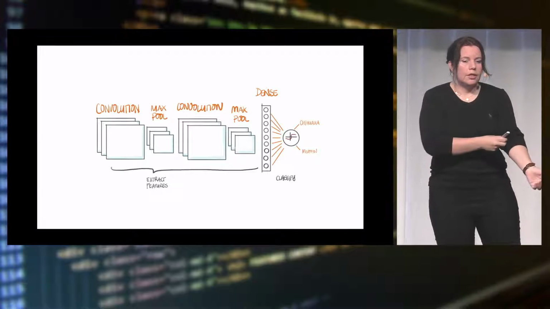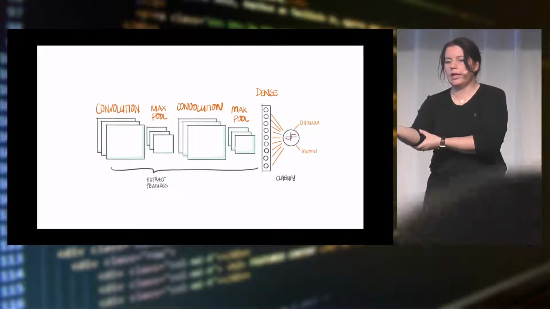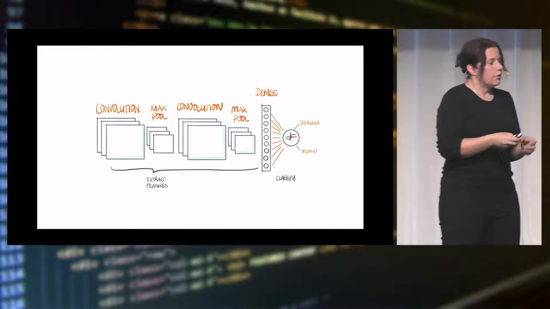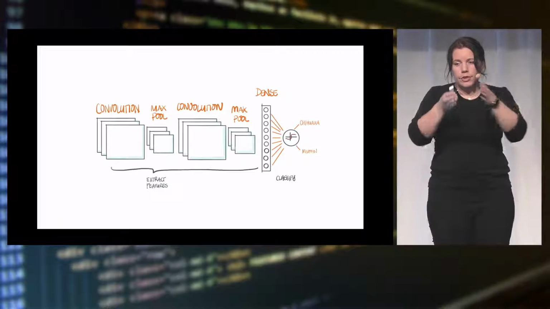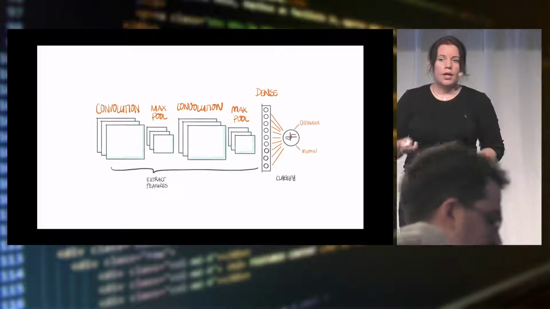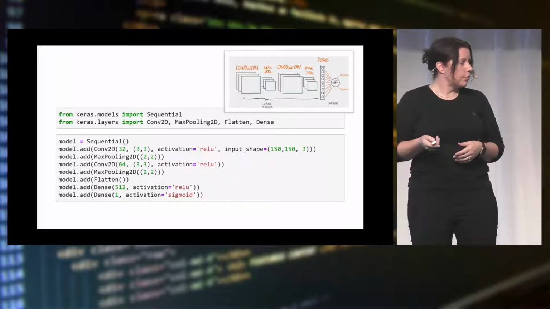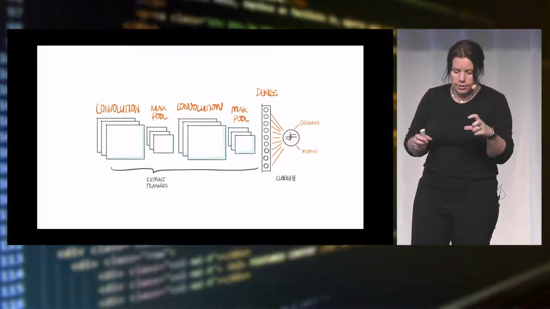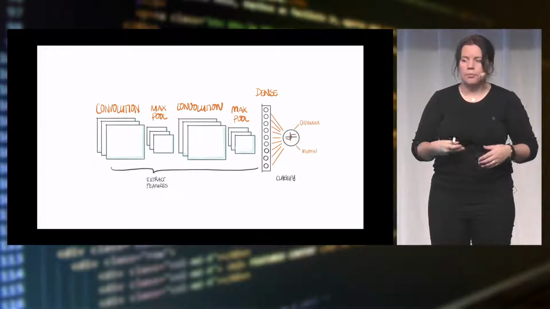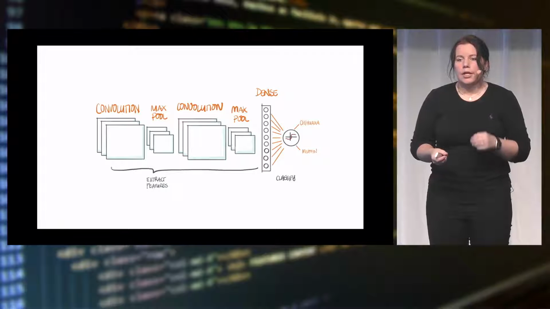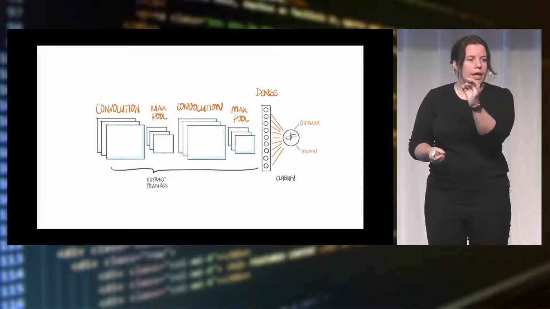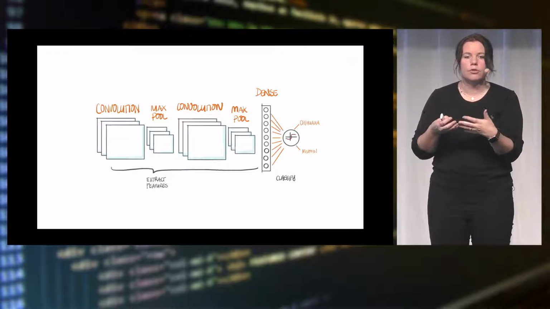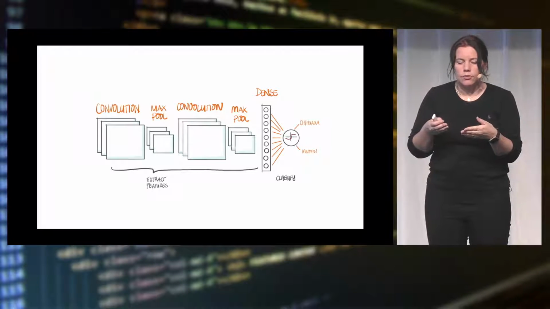So in CNN literature, you will look at it like this, in which case the first part is the one that extracts the features, and then once you have the features, you can classify on top of them. Each one of these convolutions is essentially just a little filter. You can think of it like an Instagram filter that picks out edges and things like that, or picks out certain colors and extracts those.